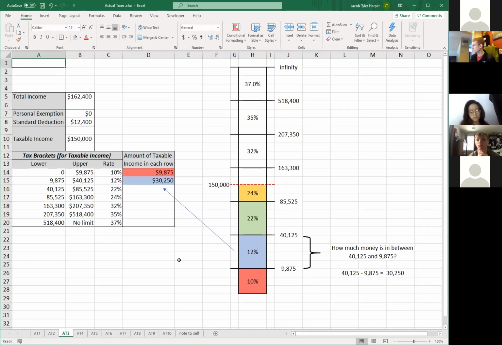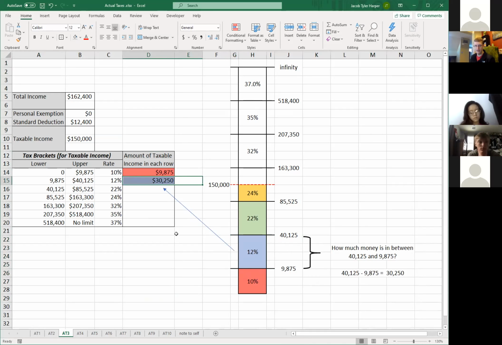Likewise, as we continue, I have to figure out how much is in this blue section. In other words, how much money is in between 40,000 and 9875? It's not too difficult. We can just use subtraction on these two numbers to see that there's about $30,250 in this little blue area.